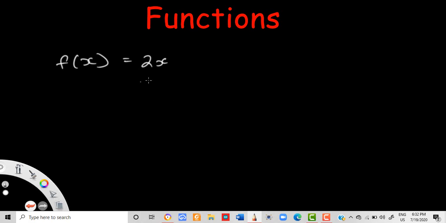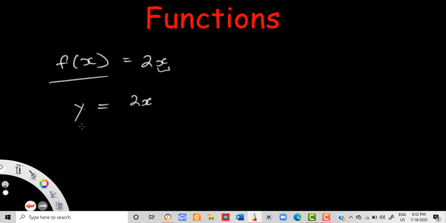How? Here in this function 2x, the input is x, which now is not defined. We will define it, but the input is x and the output is y, f(x). In simpler words, it's y equals 2x. So you remember it takes the input x and then gives the output y.